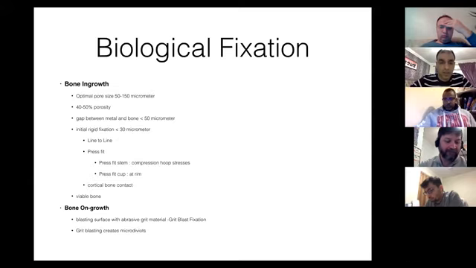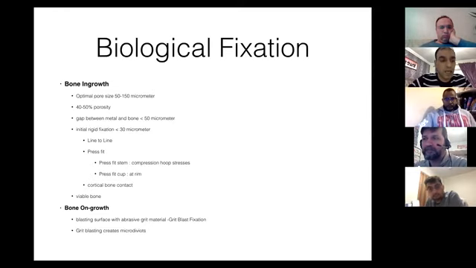So you should have cortical bone contact for the bony ingrowth and for the success of the cementless component. And the bone should be viable. If the bone is not viable, such as irradiated bone, then there's less likely to be bony ingrowth. So if you are putting your components into bone that has been irradiated, or there's a risk that you're going to have radiation in future, then it's better to put some screws in there.